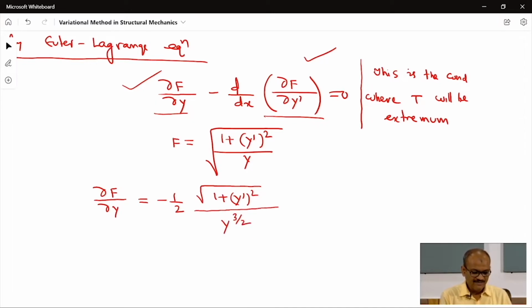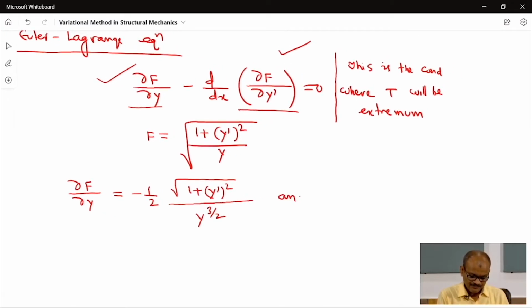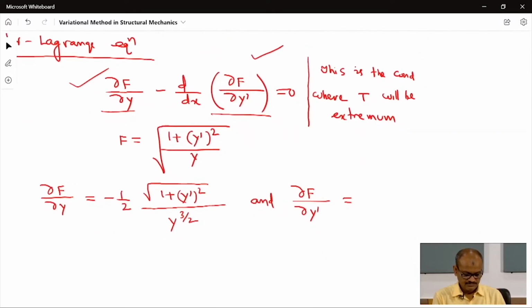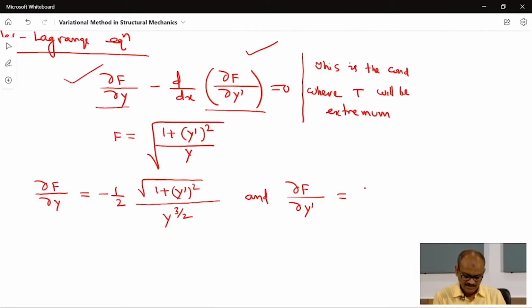This is del f by del y, and del f by del y dash we can write as y dash into 1 plus y dash square whole to the power half divided by y to the power half.